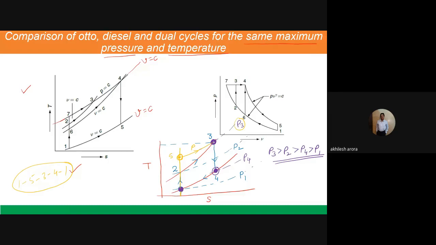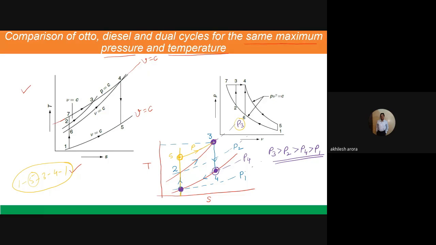It is, sir. No, no, sir. It's not clear. Yes. Actually, I want to plot the point number 5. How to locate the point number 5? I know from point number 5, we have to start a constant pressure process during which the heat is to be supplied in case of diesel cycle, and it has to end at point number 3.